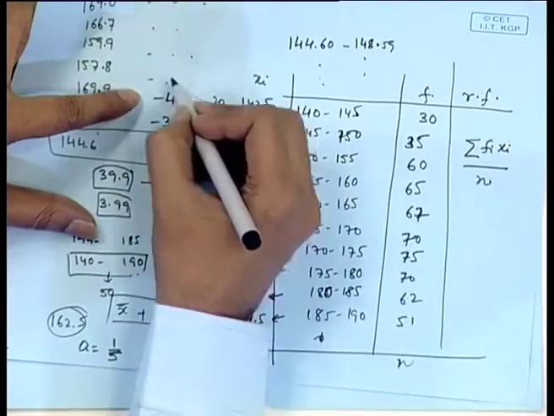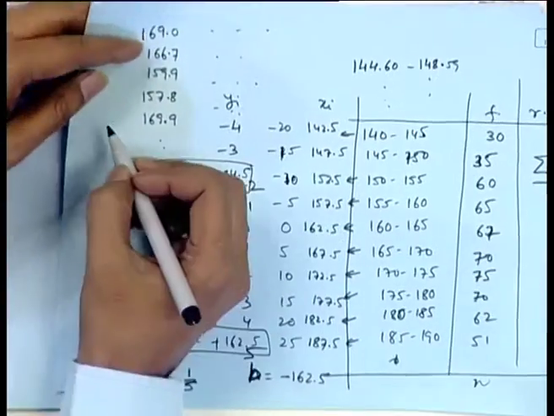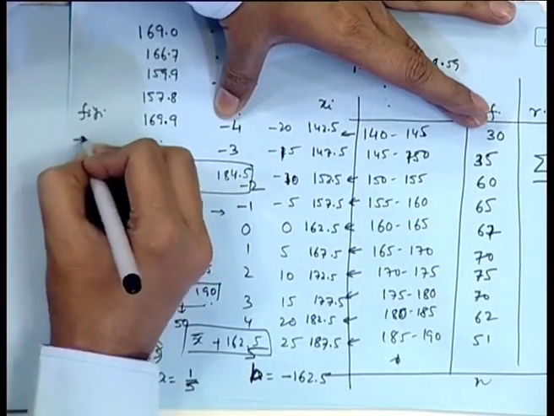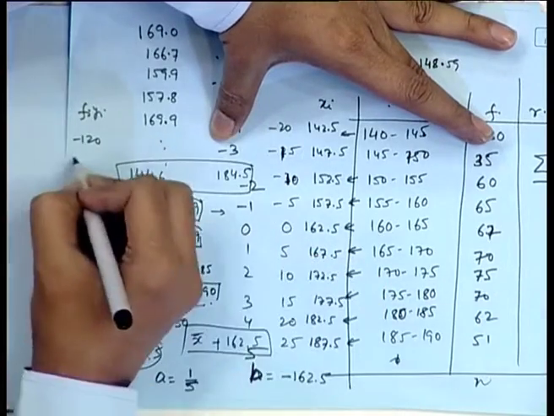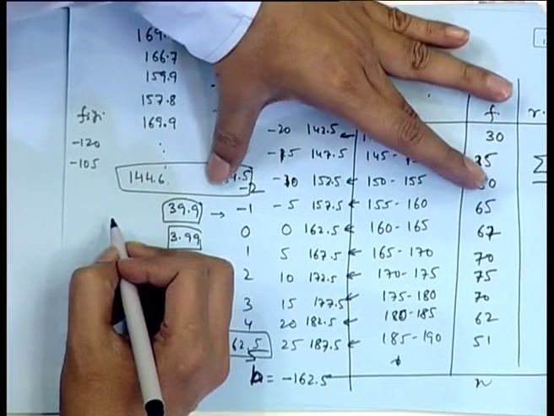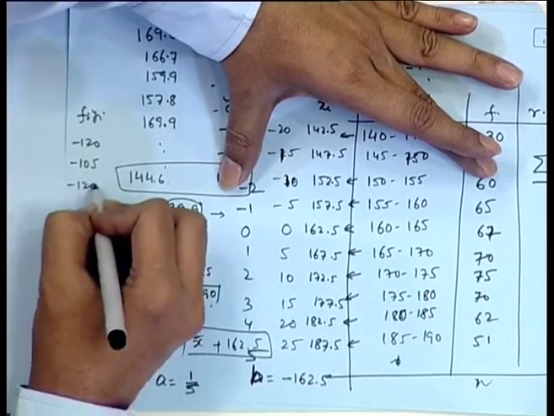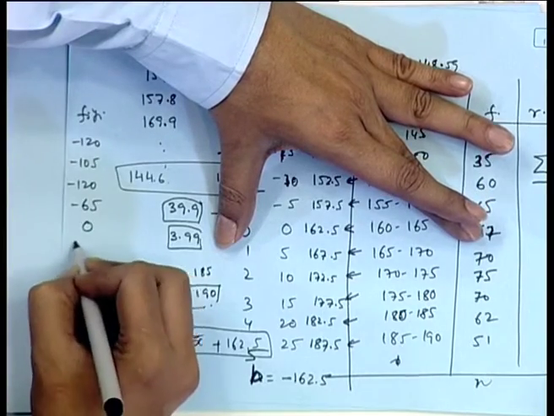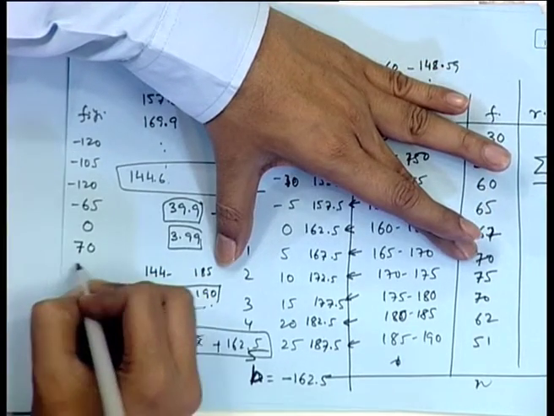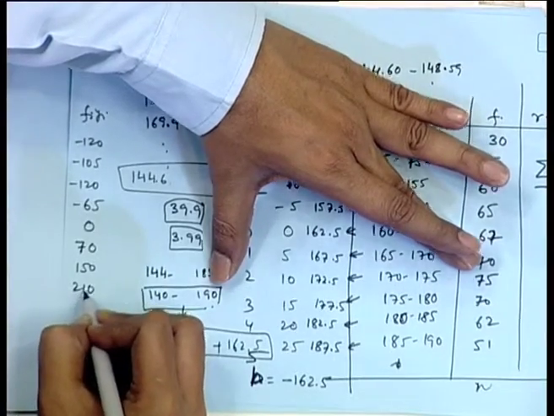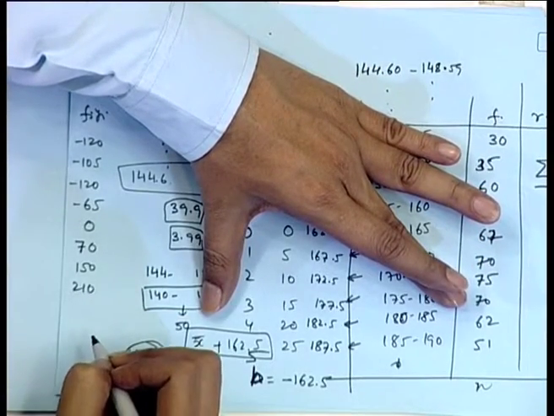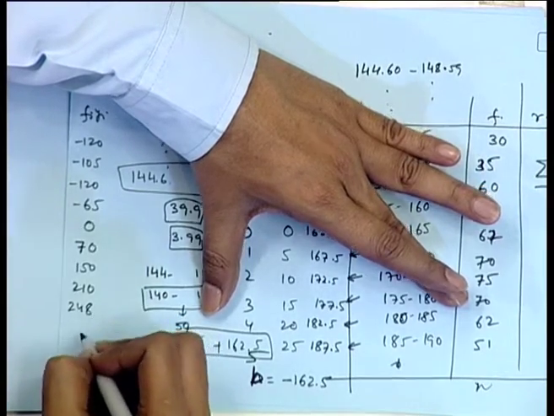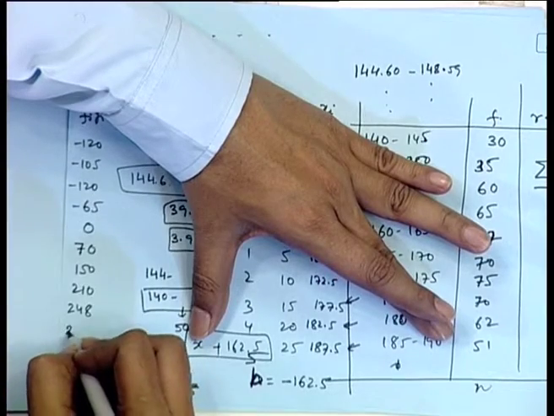If I calculate, suppose I call these y i's and I make a table f i, y i, then you see here the calculations: minus 120. So, the numbers can be handled very quickly, 105, then we have minus 120, minus 65, 0, 70, 150, 210, and we have 62 into 4, that is 248, and then 51 into 5, that is 255.